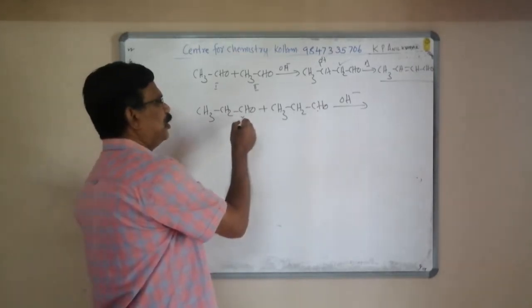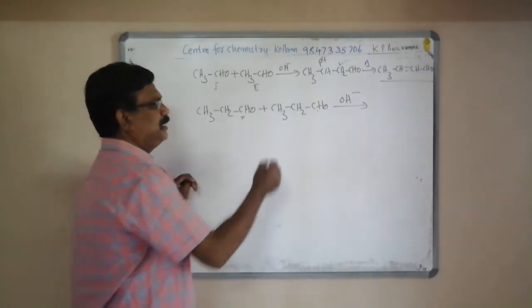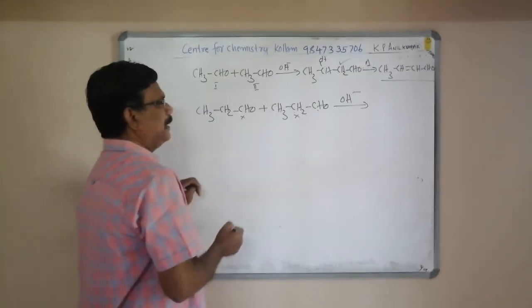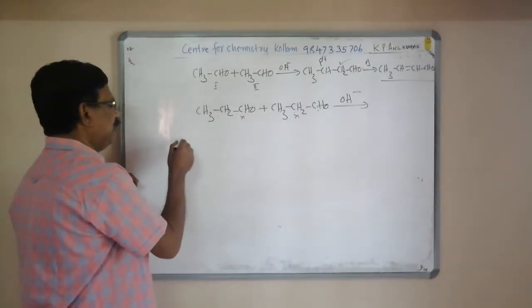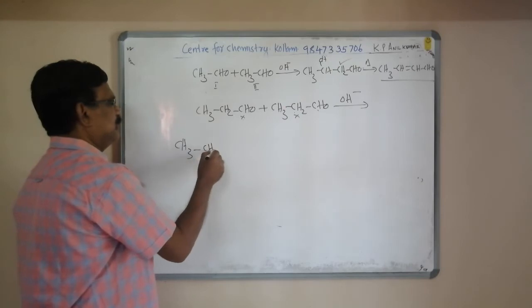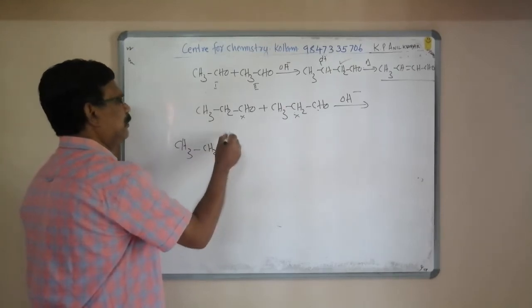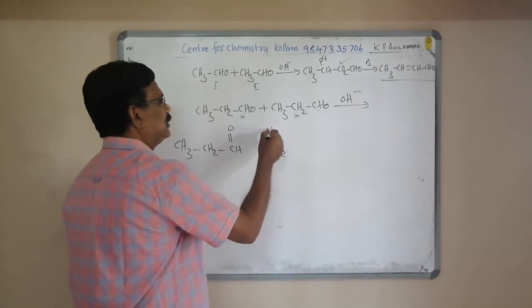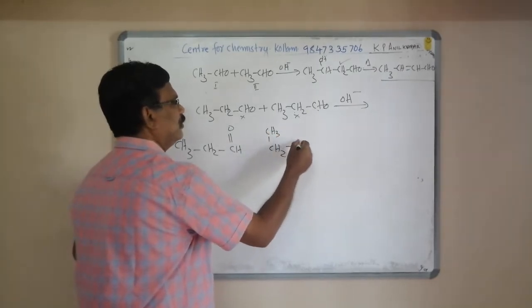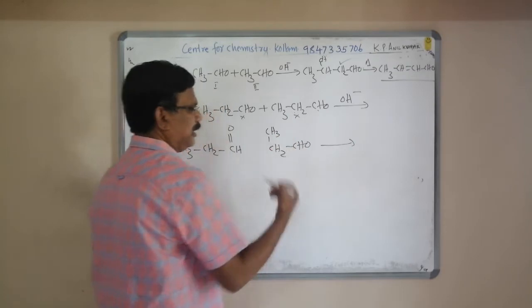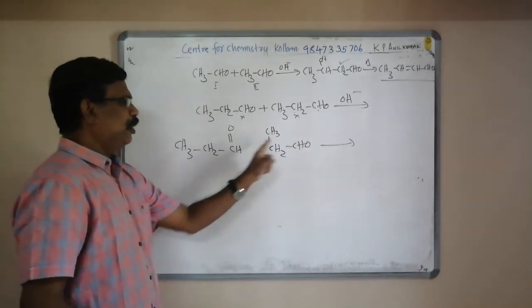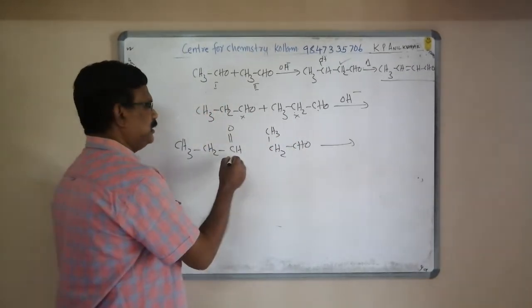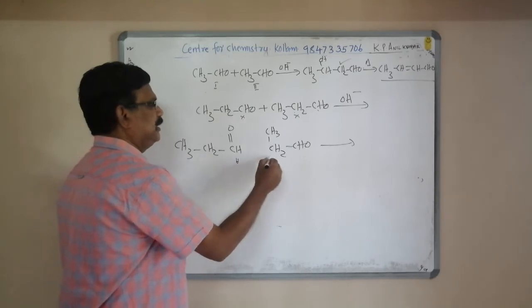And this is the functional group of the first carbon and this is the alpha carbon. Simply, we can write it this way: CH3CH2CH=O, and this molecule as CH3CH2CHO for an easy manner. Two molecules of propanal, head-tail fusion: this is the head and this is the tail.